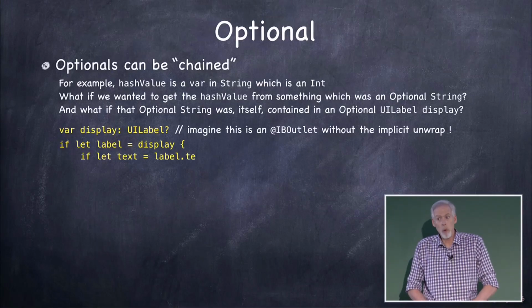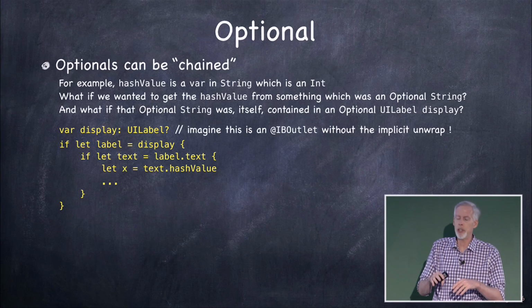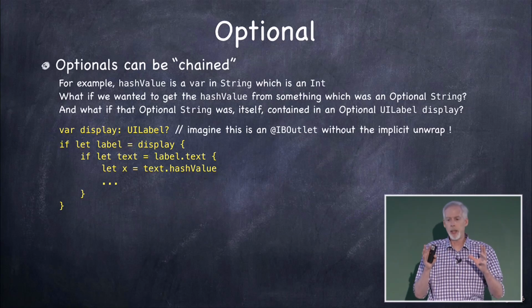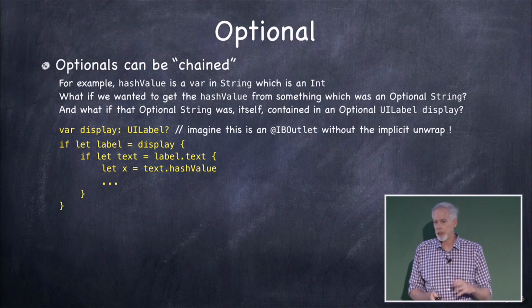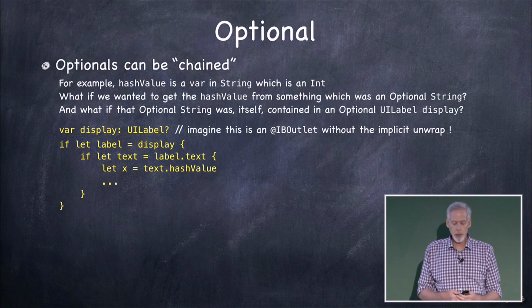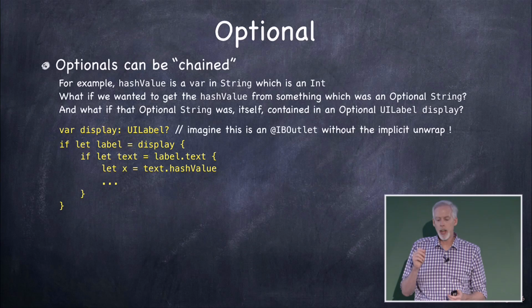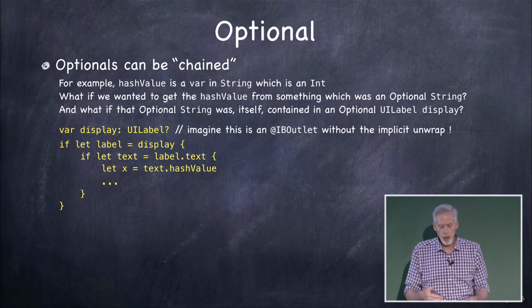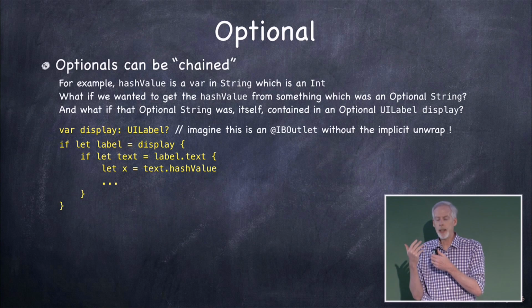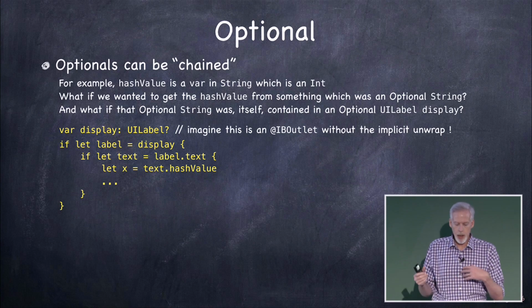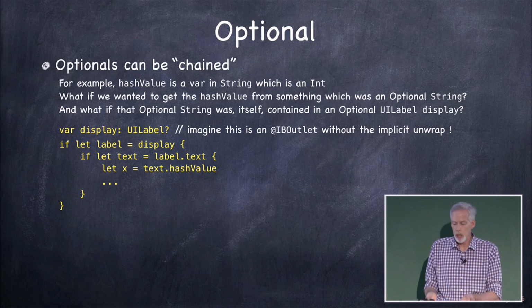Now, optionals have some more syntax. That question mark and exclamation point stuff, as you're seeing, is just syntactic sugar. It's just to make your typing easier and look nicer. It has a little bit more syntactic sugar. One thing is that optionals can be chained. So this is the case where, for example, in our calculator, we have the display, and let's say we want to get the text out of the display, and then we want to send it another message like hashValue, which strings understand.